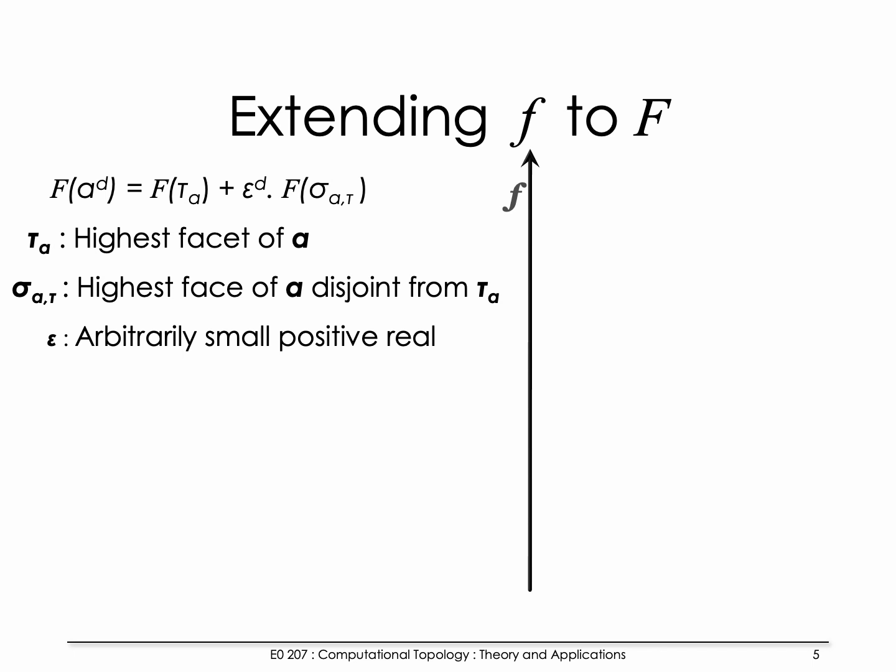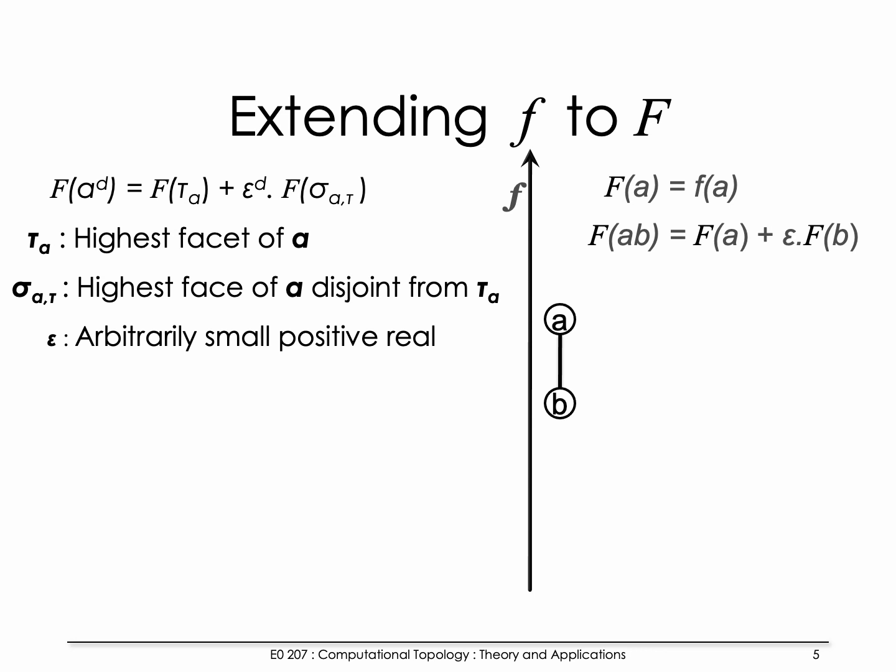Let's pick an example to understand how the extension works. The discrete Morse function on the vertices is directly equal to the input function little f. So capital F at A is equal to little f at A. Let's consider the edge AB. Capital F at AB is defined as a sum of two quantities. The first term is capital F of the highest facet of AB.